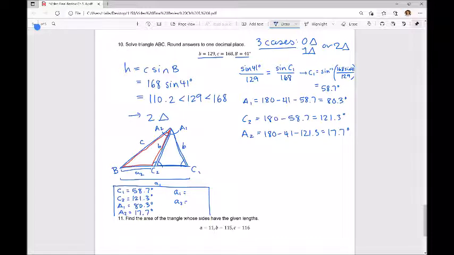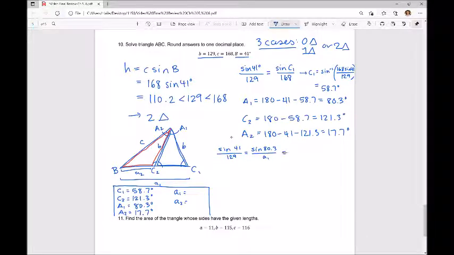To do this, we're going to have to go back to the law of sines, and we're going to use the angles A1 and A2 that we just found. So for A1, we can do the sine of 41 over 129 is equal to the sine of 80.3 over side A1.